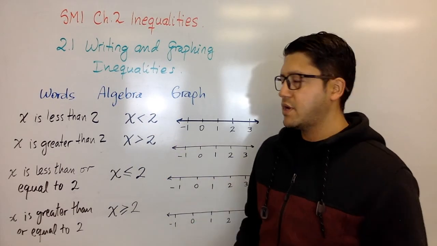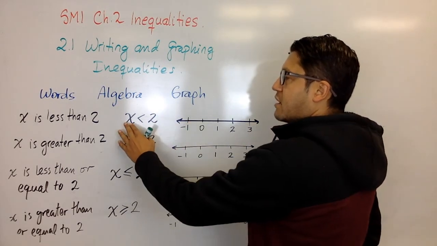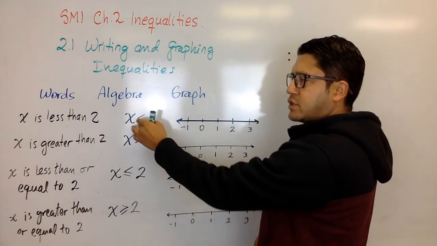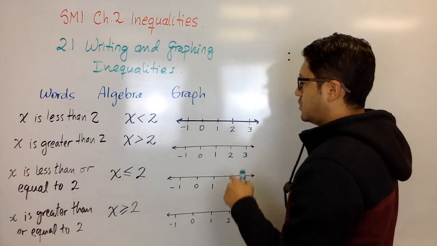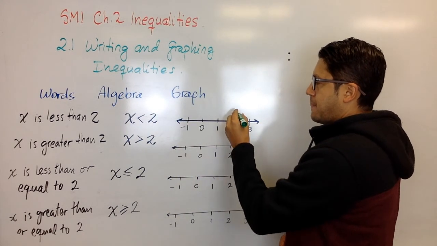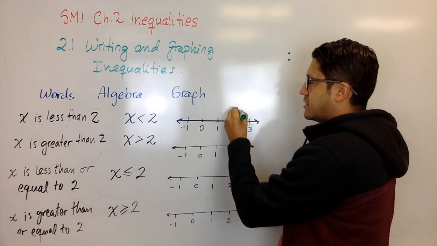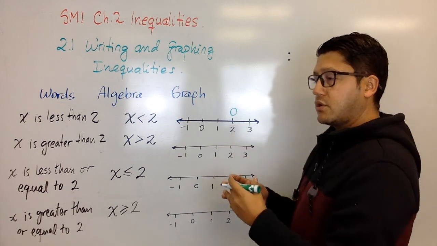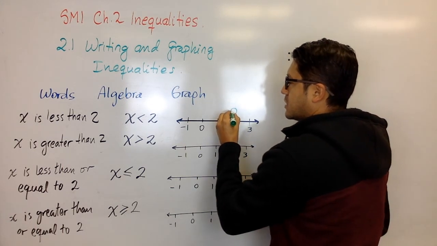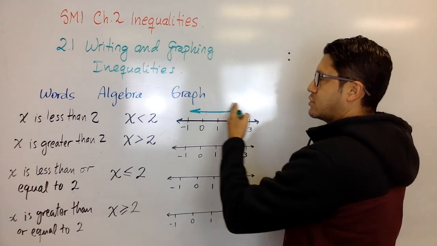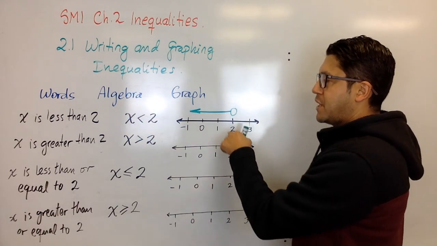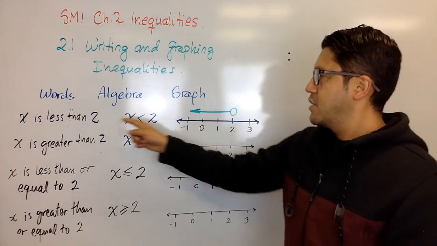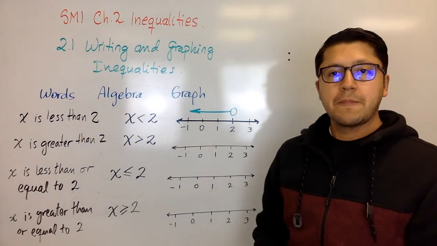And the graph, I'm going to do it right now, is we are thinking about any number that is less than 2, but we are not going to include 2 in that number set, which means that the way I'm going to graph that solution set is by drawing a circle on 2, because it's not going to include it, and then any number that is less than 2 is going to be on the left of this point. And we use the arrow to do that representation. That's how you graph this inequality, x is less than 2.